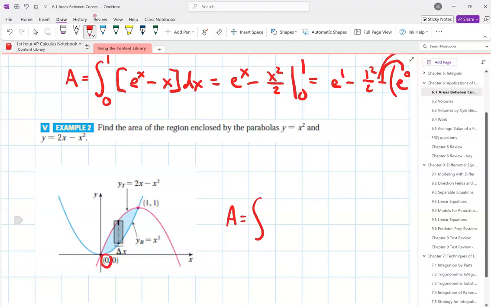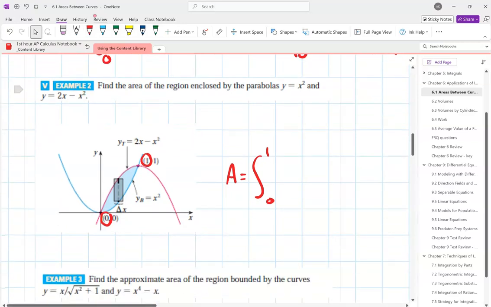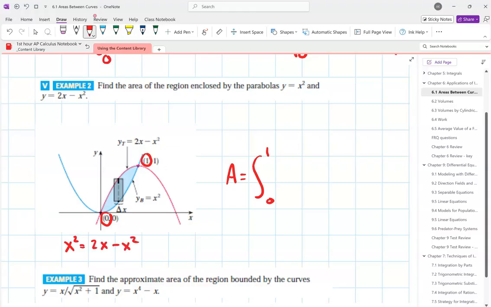Yeah, so it should be in between the intersection of them. If that picture wasn't given with the intersections, how would I find those? I can just set the two equations equal to each other and then solve for x.